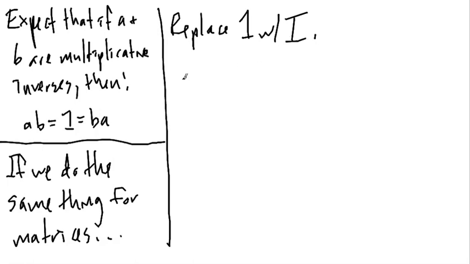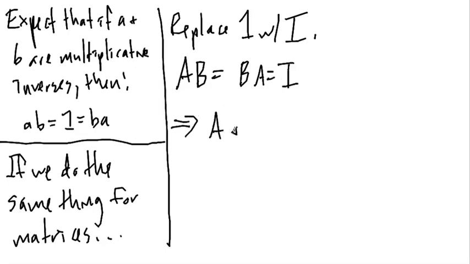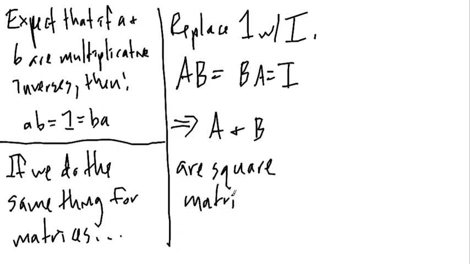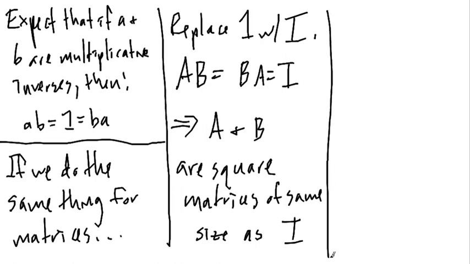But also, it turns out that if A times B is equal to B times A is equal to an identity matrix, that forces A and B to be square matrices of the same size as the identity matrix that we are looking at.